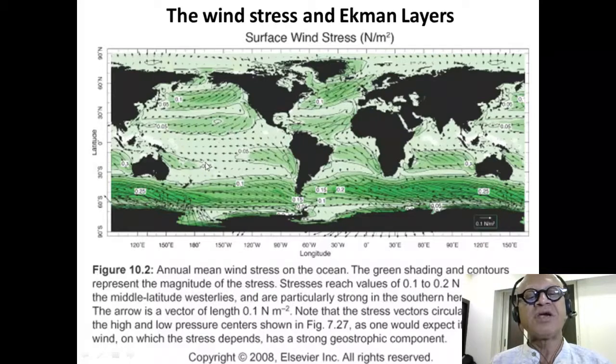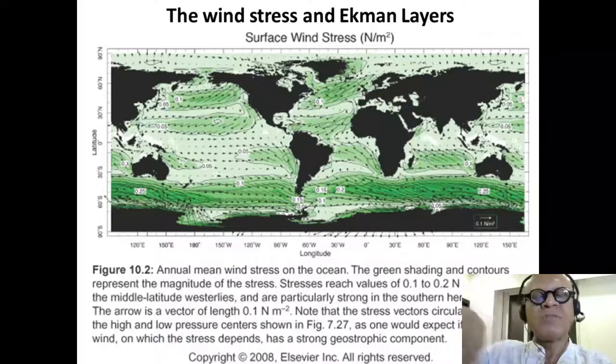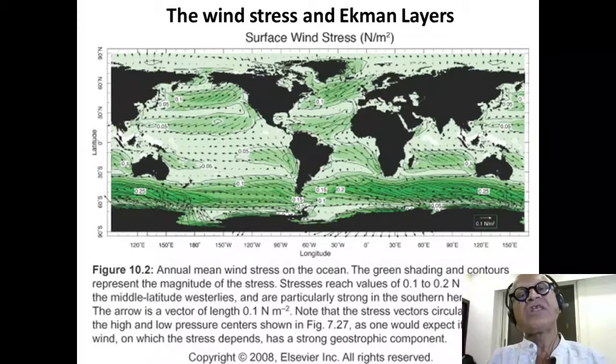The other thing that becomes very important, as we will see soon, is the so-called wind stress curl. When the winds have a cyclonic or anticyclonic sense of curl, the rotation they can put into the ocean determines whether the ocean will be dragged by the winds into an anticyclonic circulation or a cyclonic circulation.